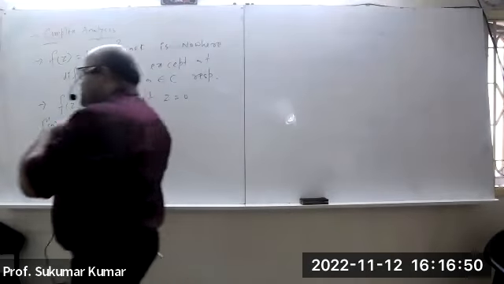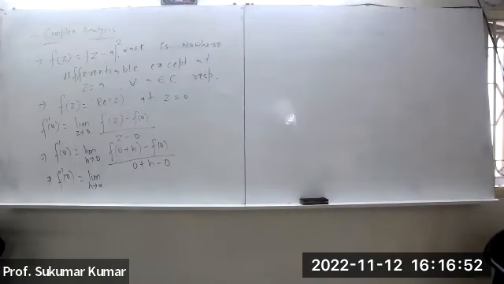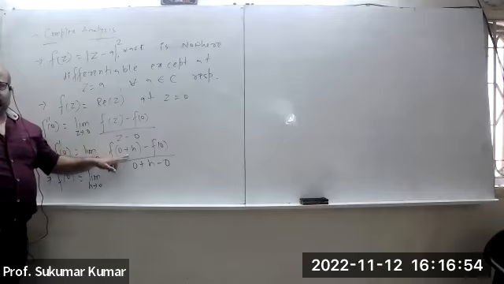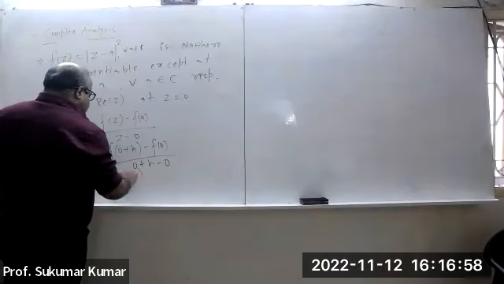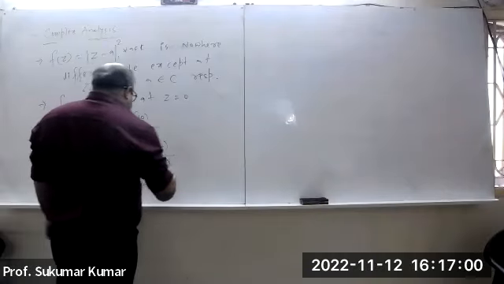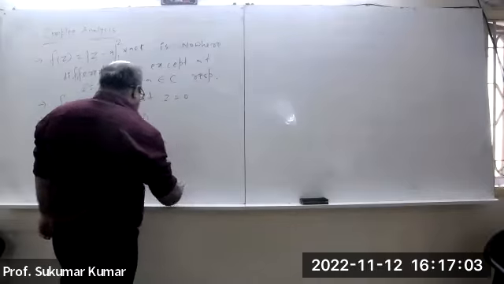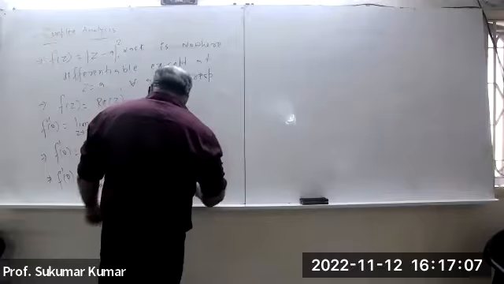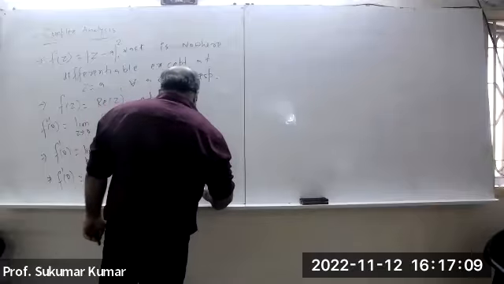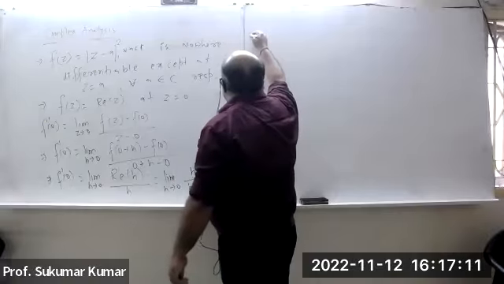You can see in this question f of z is equal to real part of z. So here f of h comes, so real part of h will come by h, limit h tends to 0. Real part of h means only h1. h1 by h means h1 plus i h2, and the same you can solve.